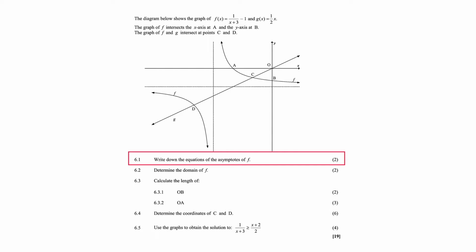If we look at the first question, write down the equations of the asymptotes of f. When we're writing out the equations of the asymptotes, it cannot be in the form of p and q. The equations have to be in the form of x and y.